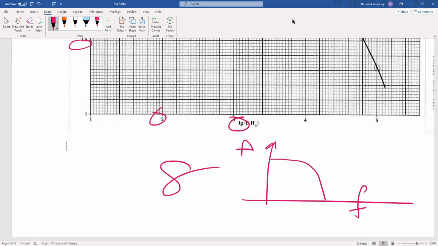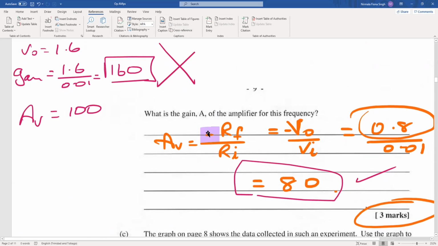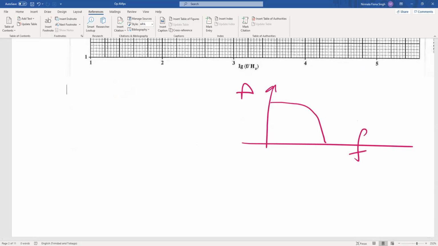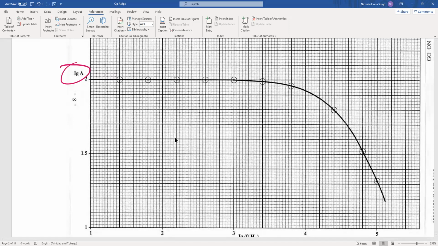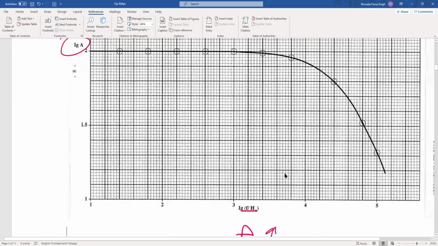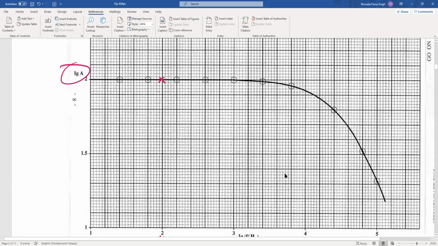So what's the first value? Let's read down the first value and see what we get. You want log of 2, so you go up and read across, and your log of A will be equal to 2.